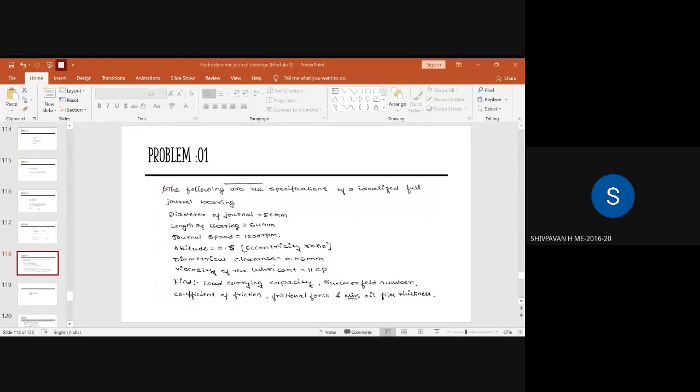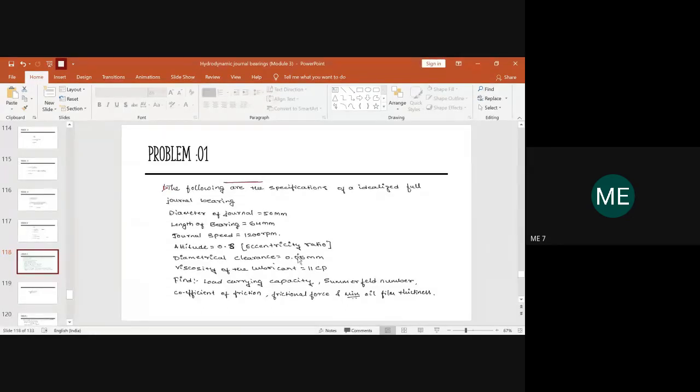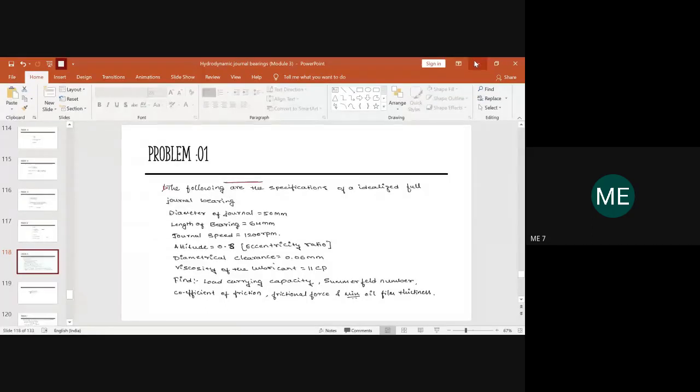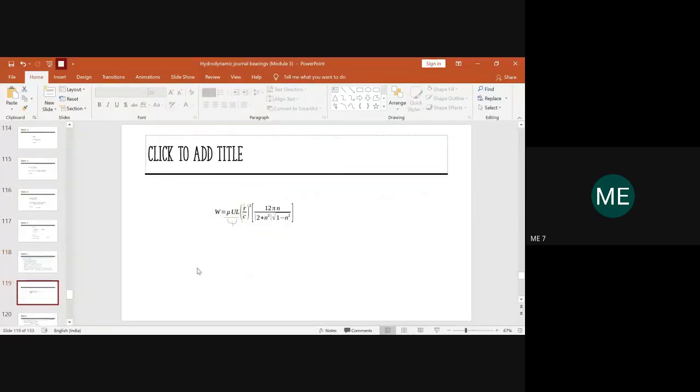Actually, just calculate the diametrical ratio. 0.06 divided by 50, you will get 0.0012. Now you can convert that into 1.2 into 10 raised to minus 3.